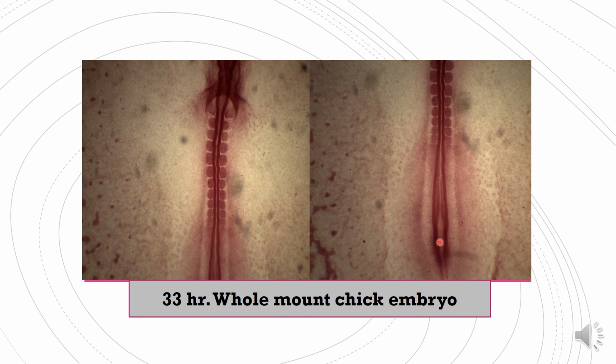Primitive streak, anteriorly a primitive pit surrounded by a primitive knot, and this is the somite, and these are the two horns of the sinus venosus, and this is the heart tube.